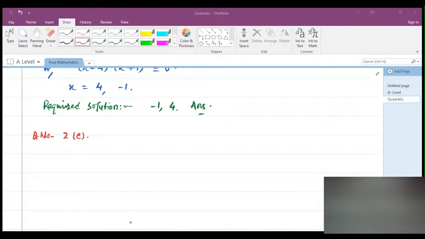Let's see the question. We'll write down here (5x+1)/4 and minus (2x-1)/2 equal to x square. Let's see the solution of this question.